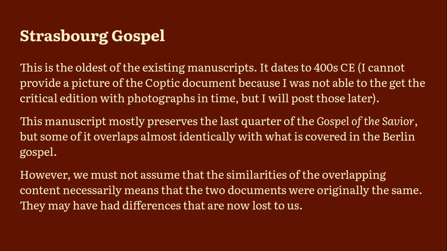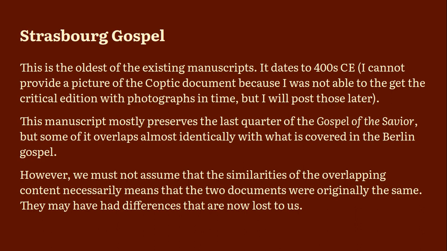But some of it does overlap, and it has some identical wording with what is covered in the other text, the Berlin Gospel. However, we must not assume that the similarities of the overlapping content necessarily mean that the two documents were originally the same. In the places that are missing, they might have differences. So I tend to think it's better just to treat them as two separate texts, even though they clearly have some kind of common source behind them, it seems.